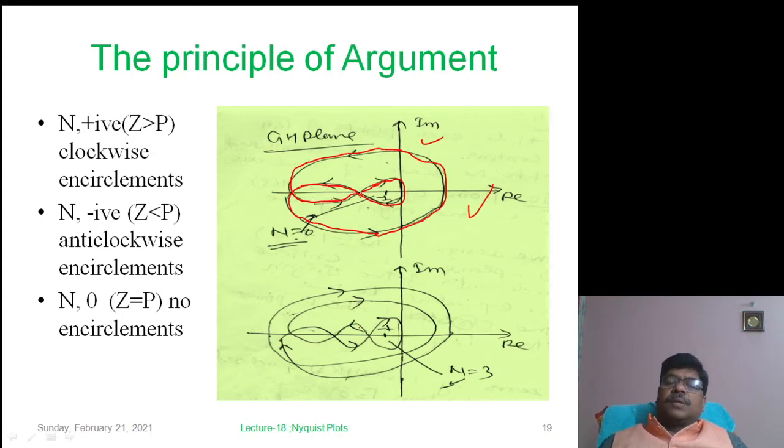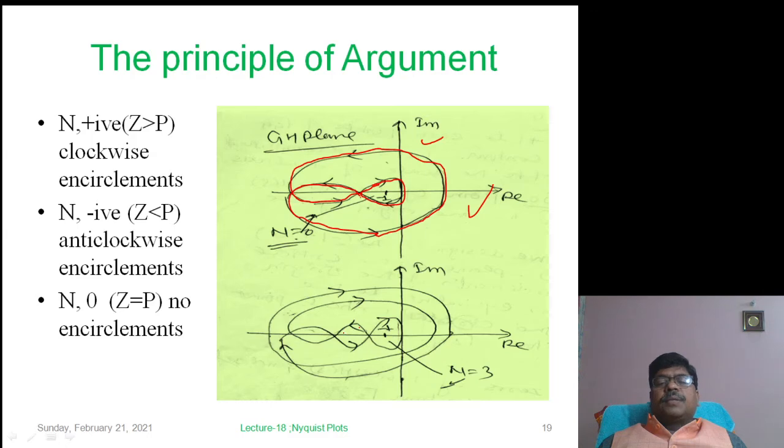So, the contour is now complete. What happens: once in a clockwise direction, second time in the anti-clockwise direction. So, net will be 0. The number of encirclements will be 0, meaning there is no encirclement here. That means the number of zeros is equal to the number of poles. So, this is the case.